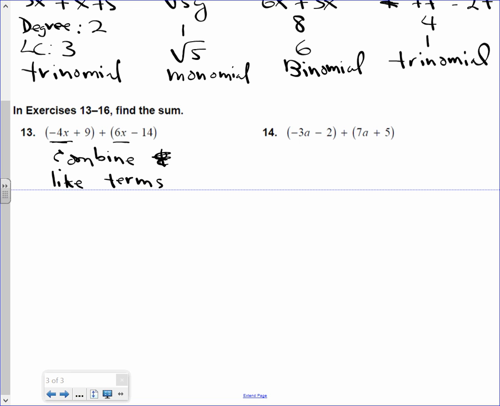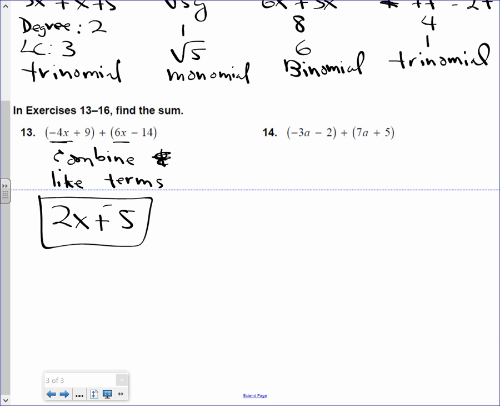Again, we deal with the coefficients. -4 plus a 6 will be a positive 2x. 9 plus a -14, -5. You can put -5 or plus -5. It means the same thing. Done. We added a binomial with another binomial. It resulted in the binomial.